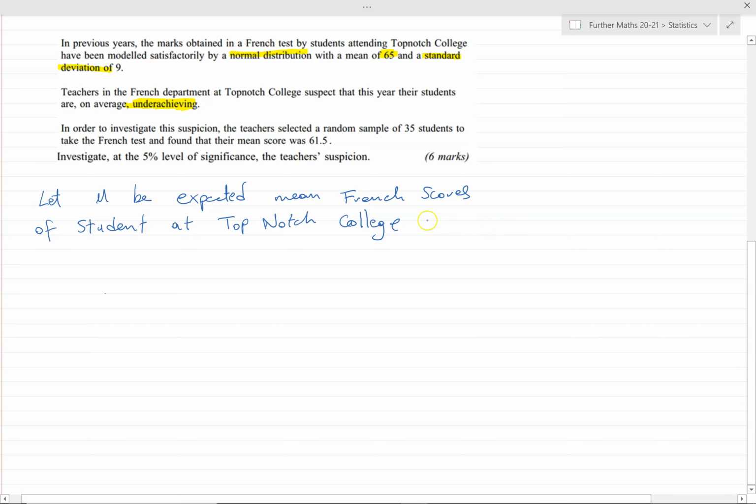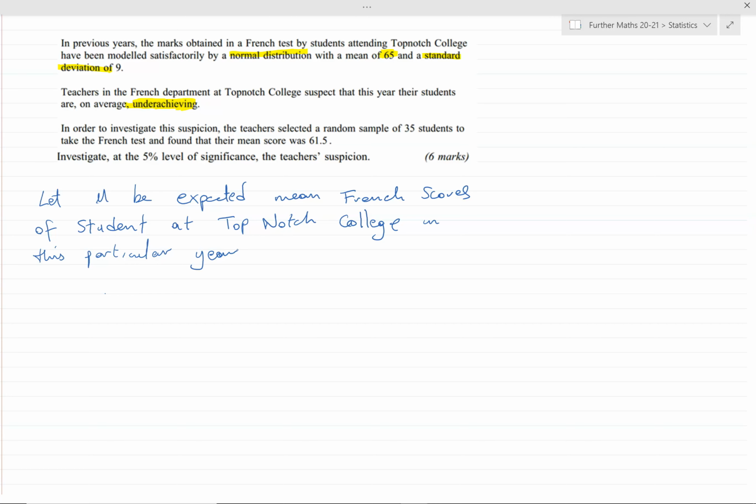No, it isn't, because that's what we're testing in this particular year. We want to know whether the mean this year is actually worse than the long-run mean we know. We don't know, that's the point. What we want to know is whether 61.5 is significant or not.